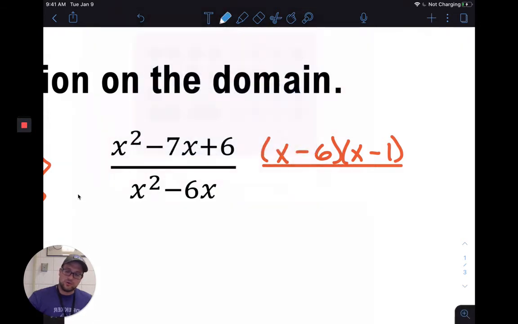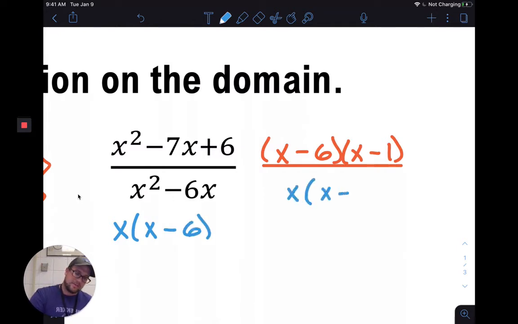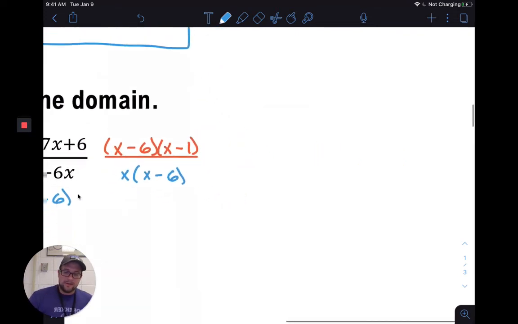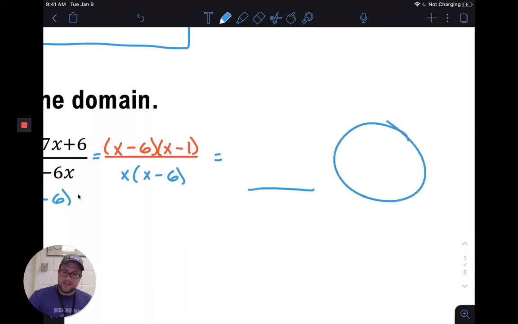The other route you want to go is let's just pull out a greatest common factor. If I pull an x out of both of those terms, I would be left with just x times x minus 6. That's great. Now, again, before anything gets canceled, here is where I'm going to restrict my domain already.